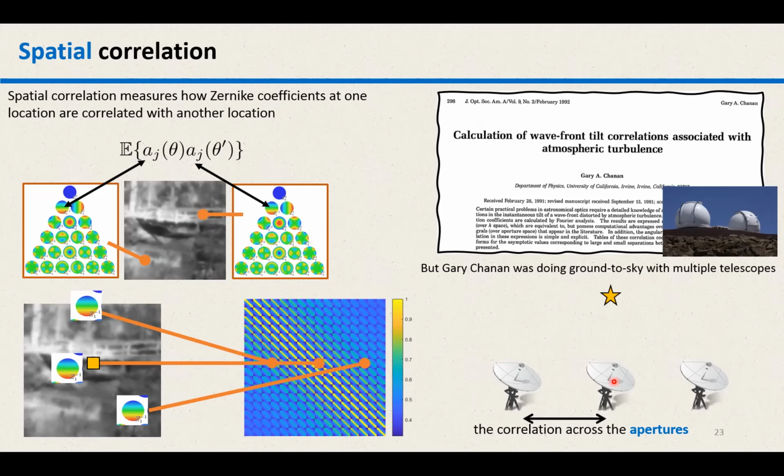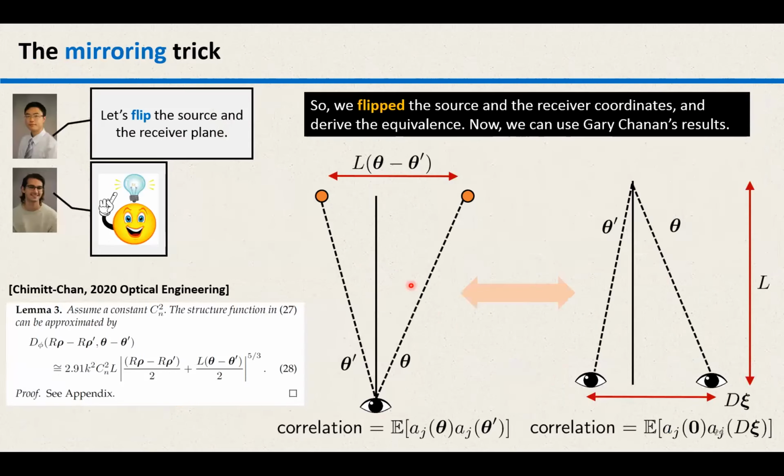In Chanan's paper, what he talked about is that you have 2 cameras, but then 1 star. So there's a very beautiful symmetry here. Maybe these 2 can become equivalent. And so we did this analysis, and we proved that indeed they're equivalent. 2 points in the object plane to 1 camera, and 2 cameras in the observation plane to 1 star. There is an exact relationship between these 2.